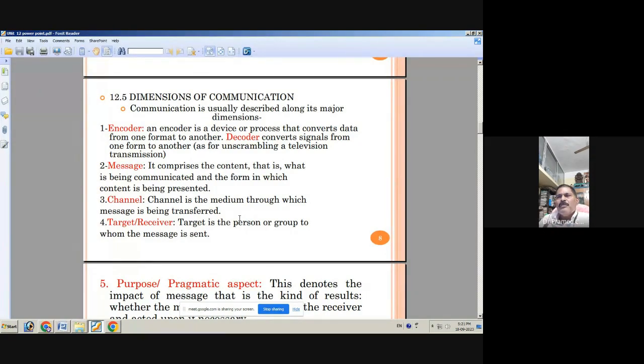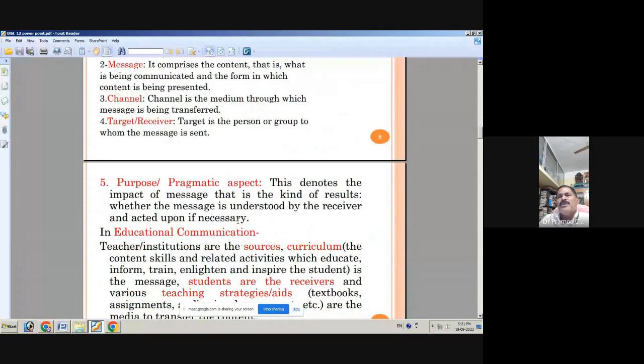But there should be a channel. Channel is nothing but the medium by which we are expressing or transmitting the information. But will all the information reach the receiver or not? That is the target group. So in this process, we must accept the pragmatic aspect, that is, the impact the message should have on the receiver.